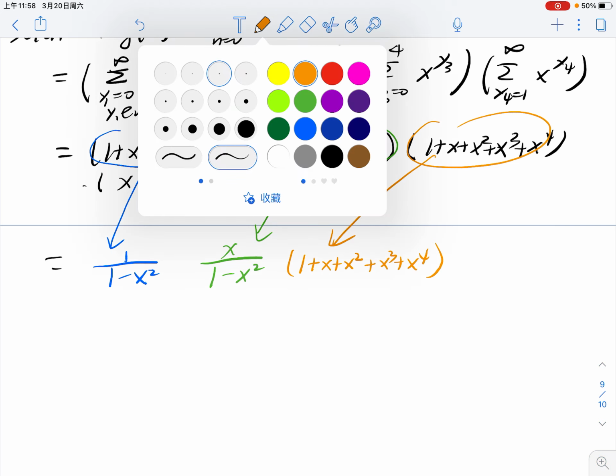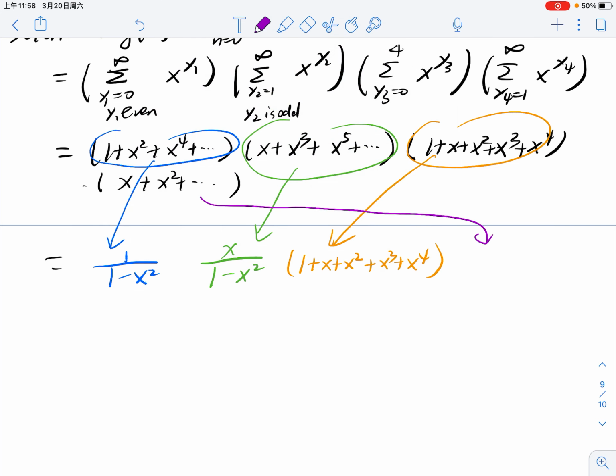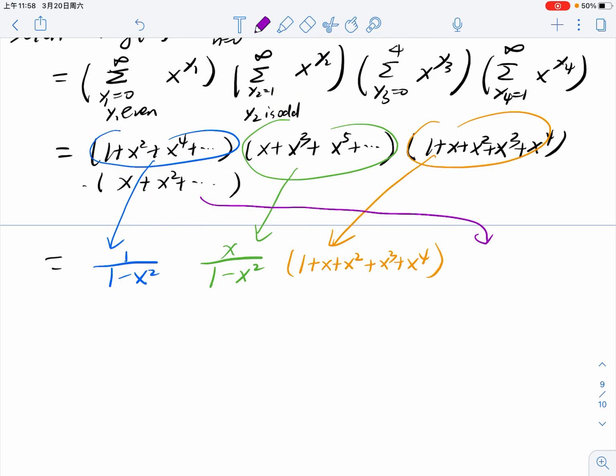And for the last one, you have x over 1 minus x.